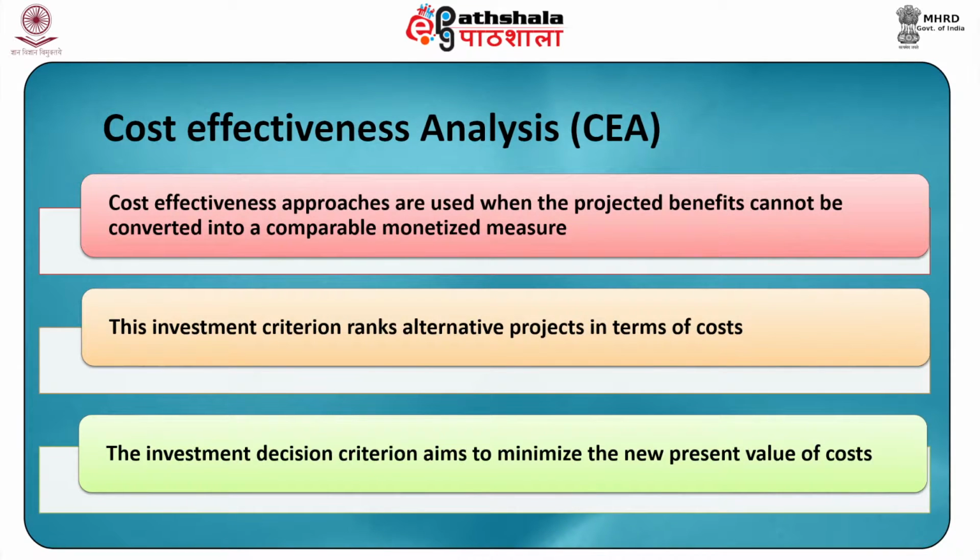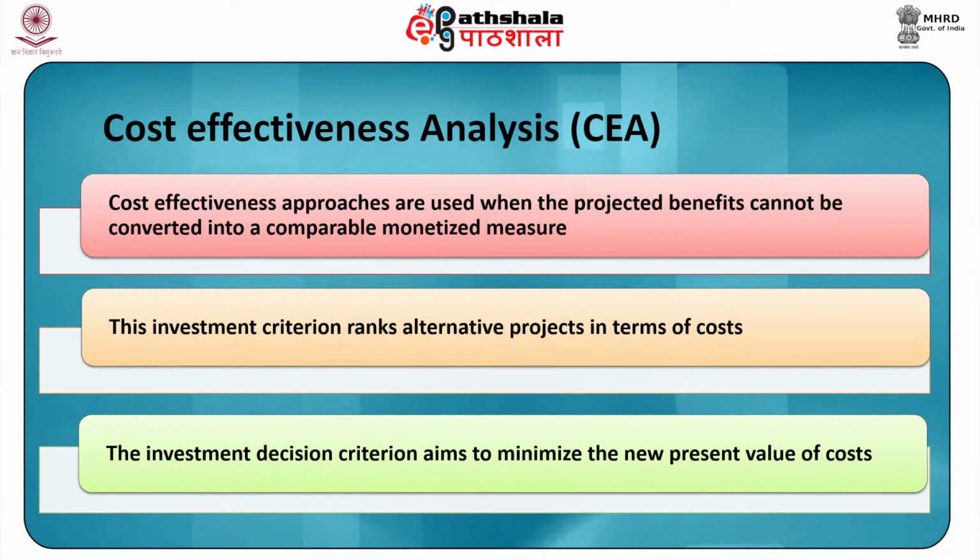Cost effectiveness analysis, often called CEA. As compared to cost benefit analysis, cost effectiveness approaches are used when the projected benefits cannot be converted into a comparable monetized measure. This investment criterion ranks alternative projects in terms of costs.